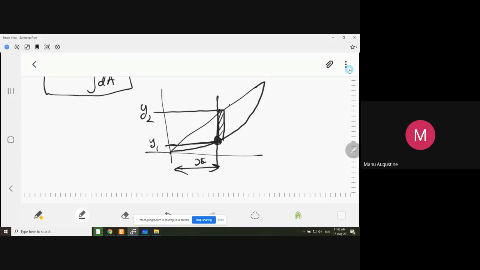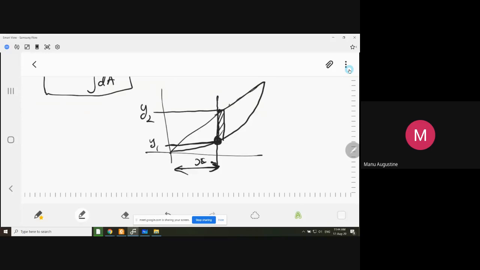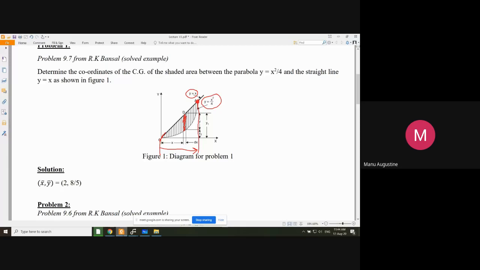So I get this point. And put the value of x equal to x in the equation of the straight line. So I get y2. Now the equation of straight line is y equal to x. The equation of parabola is y is equal to x square, sorry, x square by 4.